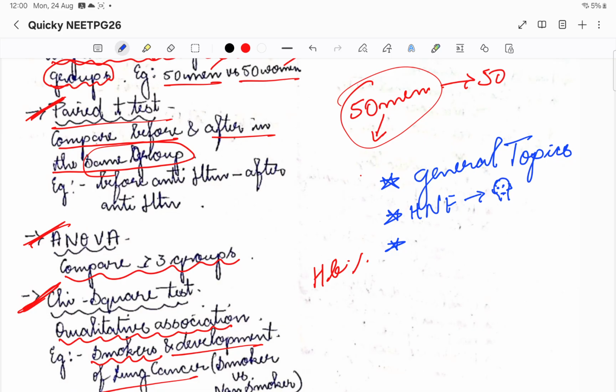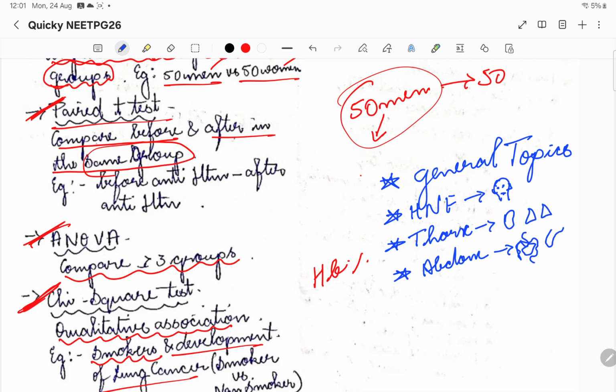Then coming to thorax, we'll cover cardiology and pulmonology; the heart and the lungs both will be done. Then coming to abdomen, you'll be done with gastroenterology, the GI tract, then hepatology: liver, pancreas and gallbladder.